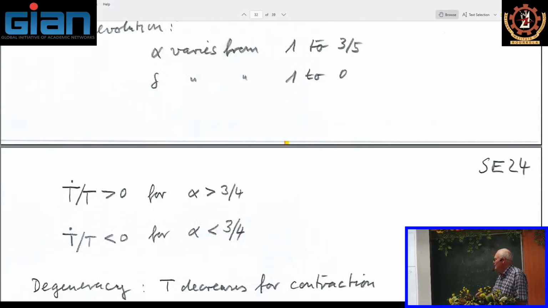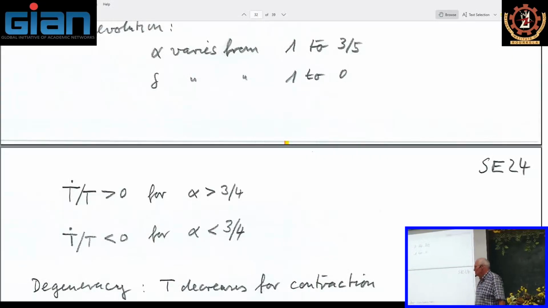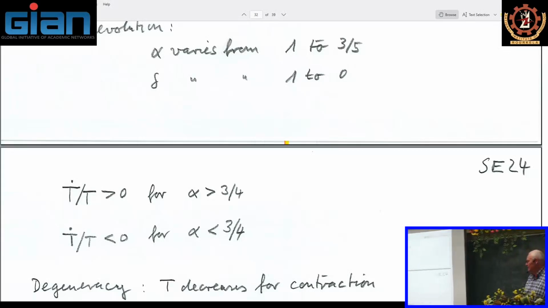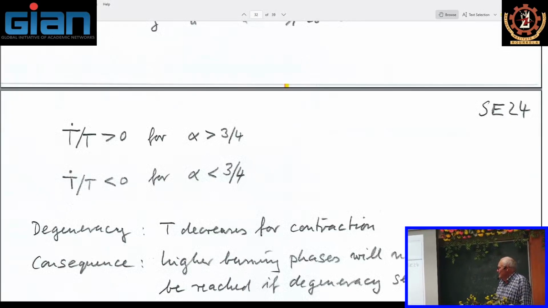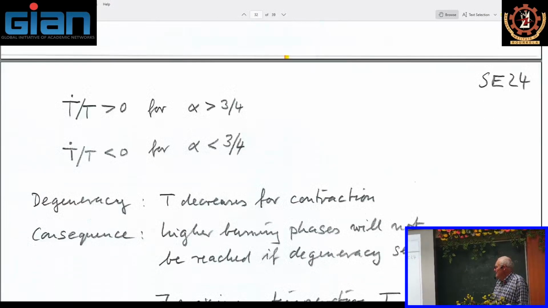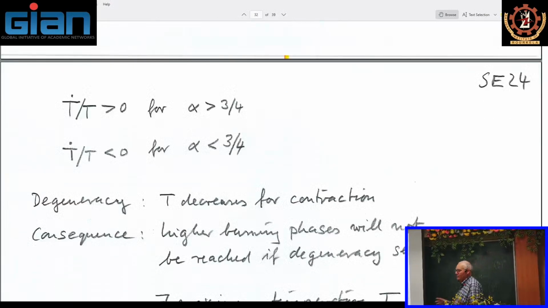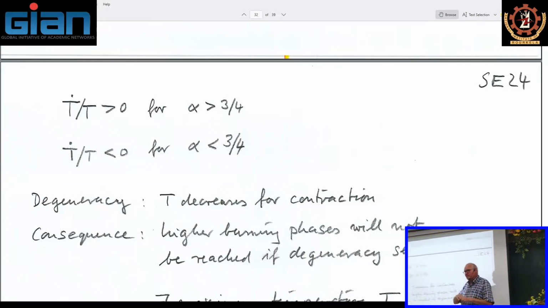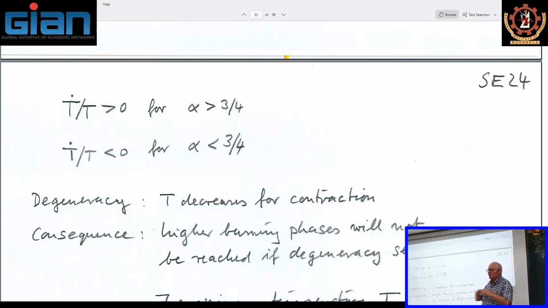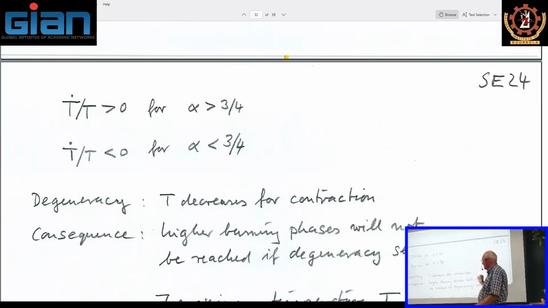Okay, we have T dot over T bigger than 0 for alpha bigger than 3/4, and T dot over T smaller than 0 for alpha smaller than 3/4. Well, so in the case of degeneracy, the temperature decreases for contraction, and it means it achieves a maximum, and then the temperature no longer becomes higher than this maximum.